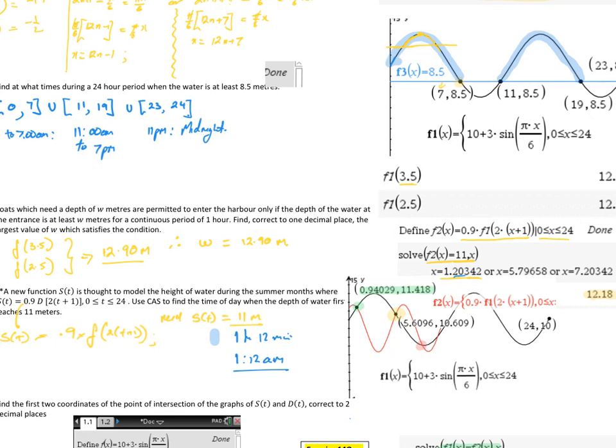If we have a look at the alternative way of finding it, you'll note here I've got Mr. Rice to have a look at it. Instead of putting in the domain restrictions the way I have, if you go back up, you can see I've put in 0 less than x less than 24. Mr. Rice has defined both functions, then solved them equal to each other over the domain that we're required. If you do it that way, you get that middle solution at 5.6.